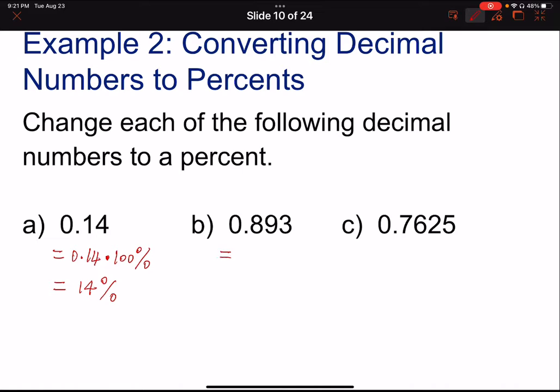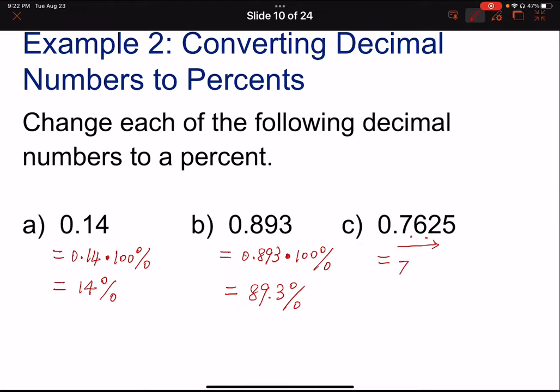0.893 again, 0.893 multiplied by 100%. Again, 100% is 1, and 0.893 times 100 is 89.3%. So once you get used to this, to change a decimal number to a percent representation, because you're going to multiply the number by 100, what you can do is move the decimal twice to the right.